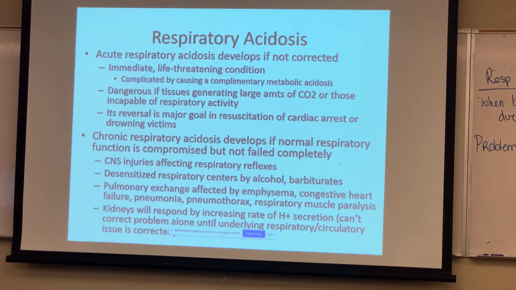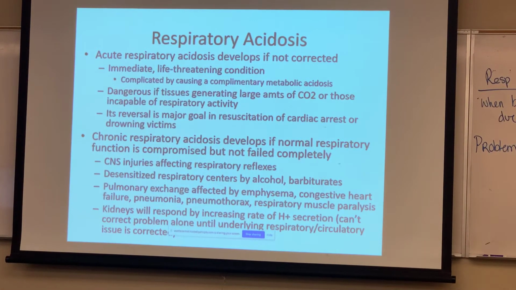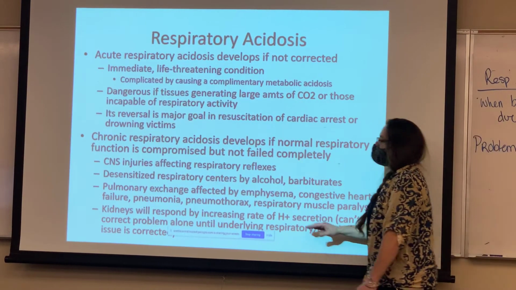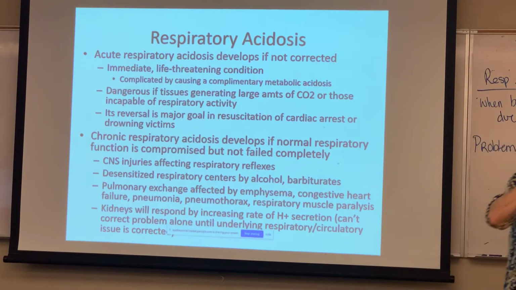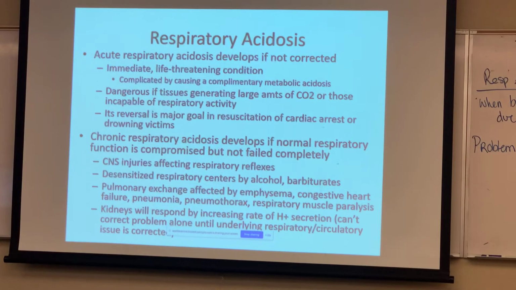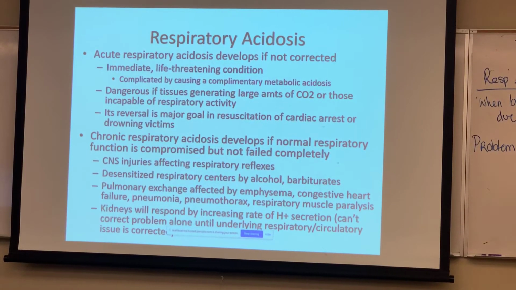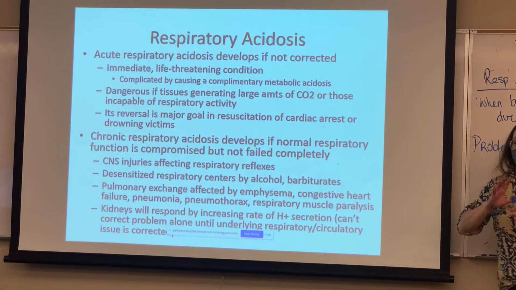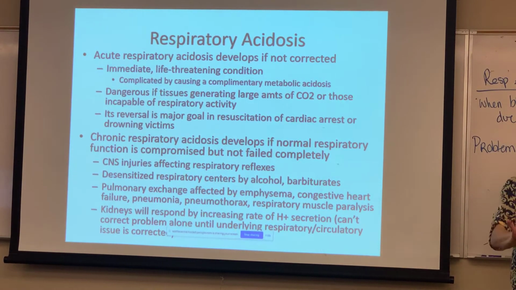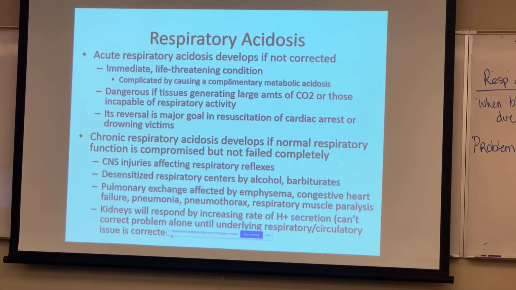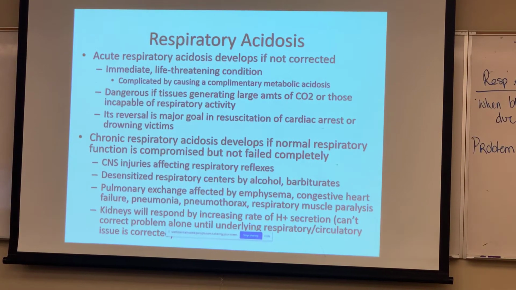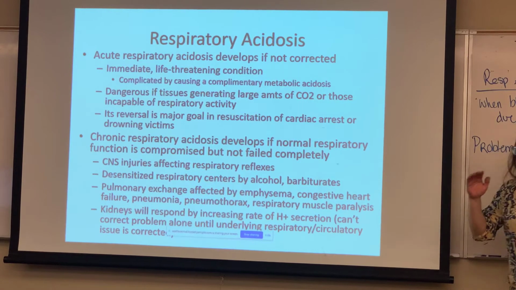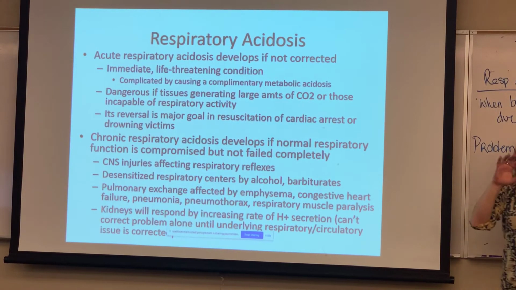So their breathing is depressed, but they're still breathing. This might be somebody that has emphysema, where their alveoli have been destroyed, but they still have enough alveoli to do gas exchange. But they're kind of in this chronic state where they just can't get rid of as much CO2 as they should be. They can get rid of enough, but not as much as they should. And that causes their pH to just sit in a slightly acidic kind of state.